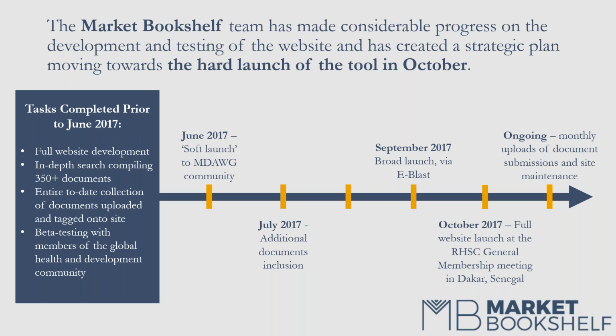So here we are in June doing the soft launch with you, and then we're hoping that this will spark getting even more documents and more sources identified for the next couple of months. Then we'll do a broader launch with the e-blast and different communication campaign. And then in October, at the membership meeting, we'll do the full launch. And throughout all of this, we'll have ongoing monthly uploads of document submission and site maintenance.